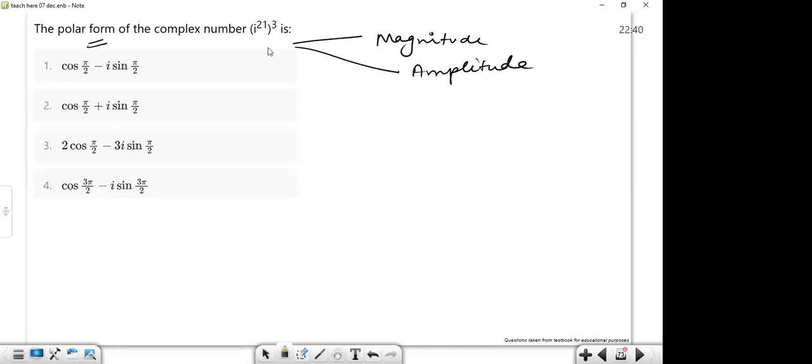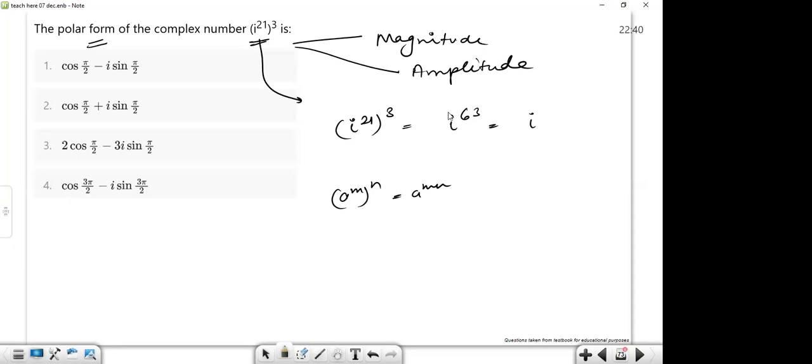Now the given complex number is iota raised to power 21, all raised to power 3. We know that when there is something like this, the powers get multiplied. So iota raised to power 63. Let's write this in the format of multiples of 4.